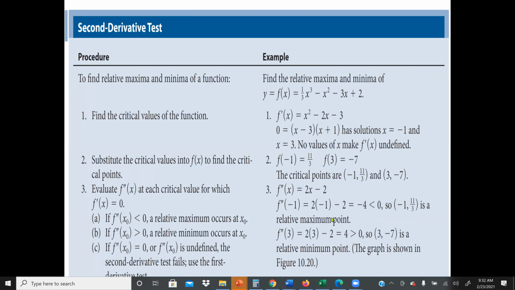Because a relative maximum also gives us what? The concave down, the same concept. Because remember, with concavity, we test the second derivative with the point. If it's less than 0, then it's concave down. If it's greater than 0, concave up.